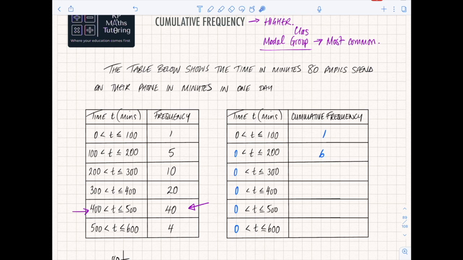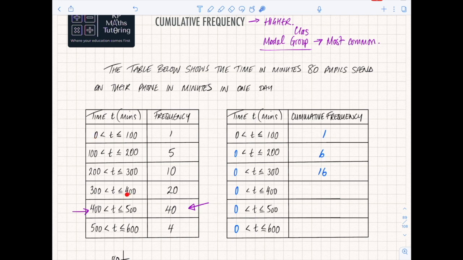For the next one, it's 0 to 300. So from this point to this point is that, that, and that. So you're just basically adding each group together. So if I've got 1 there plus 5 there, that's 6, plus another 10 means there are 16 people in those 3 groups. Again, look here, it goes from 0 to 400.